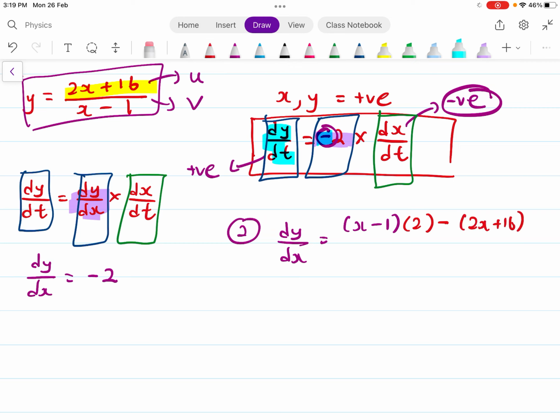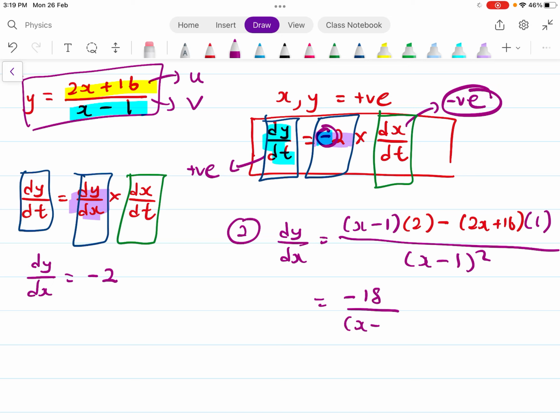You differentiate the bottom, which is just 1. Then the whole thing over v squared, the low squared. When you simplify, if I do it correctly, you get negative 18 over (x - 1) squared. That is how we do dy/dx.